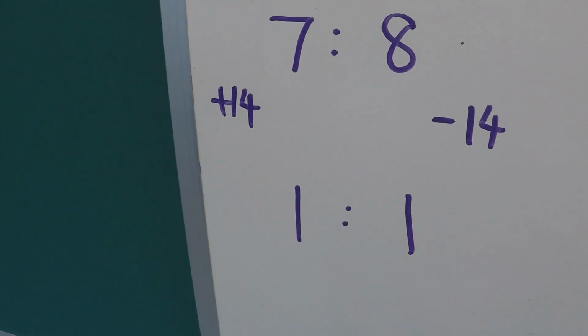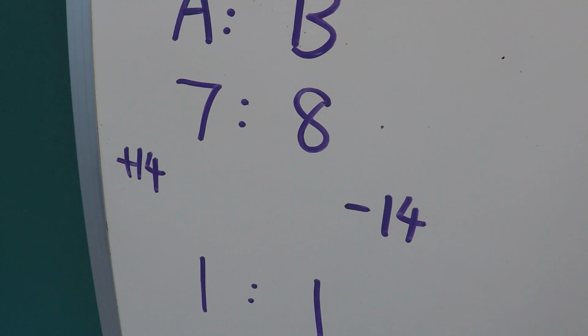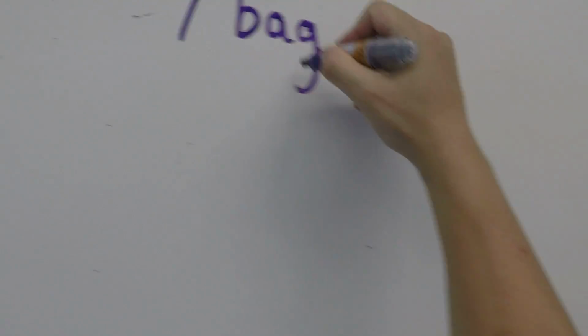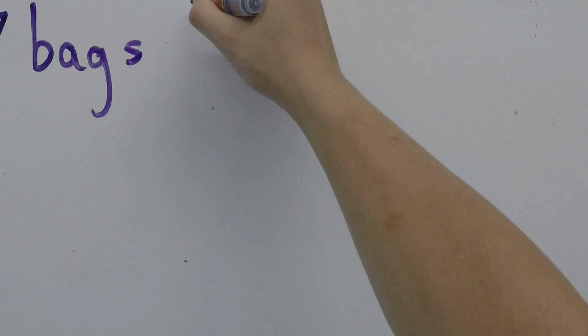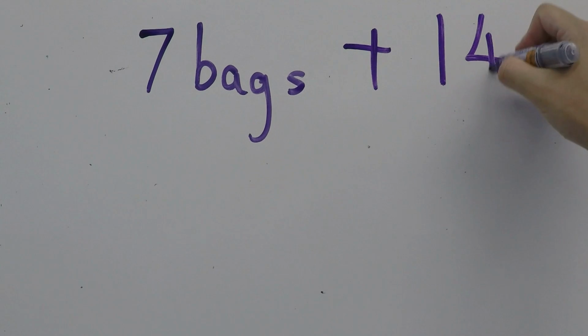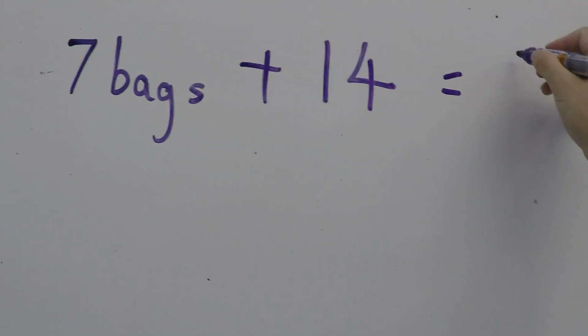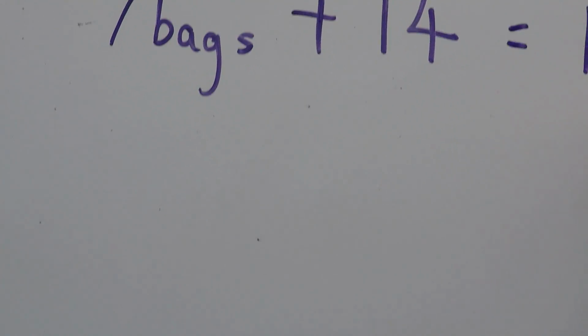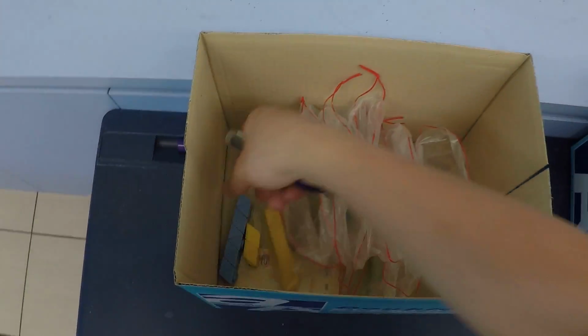So working it out, we can say that for Alan, 7 bags plus 14 sweets must be equal to 1 box. Remember, the 7 bags here and that 14 sweets here must be equal to that 1 box.